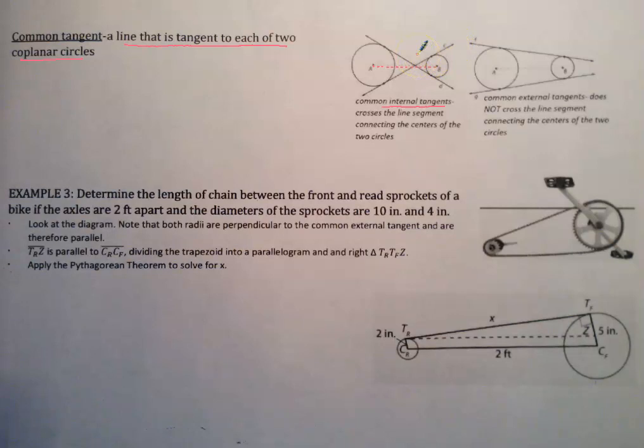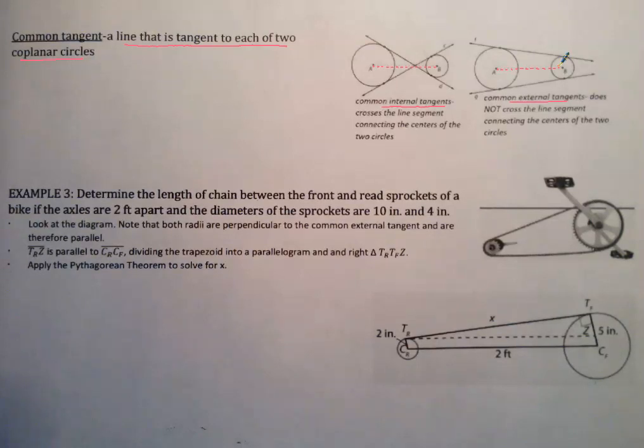Or there's a common external tangent, which does not cross the line segment connecting the centers of the two circles. So if we look at this diagram of our bicycle, what would you call those? The chain. Are they common internal or common external tangents? Common external. Good.